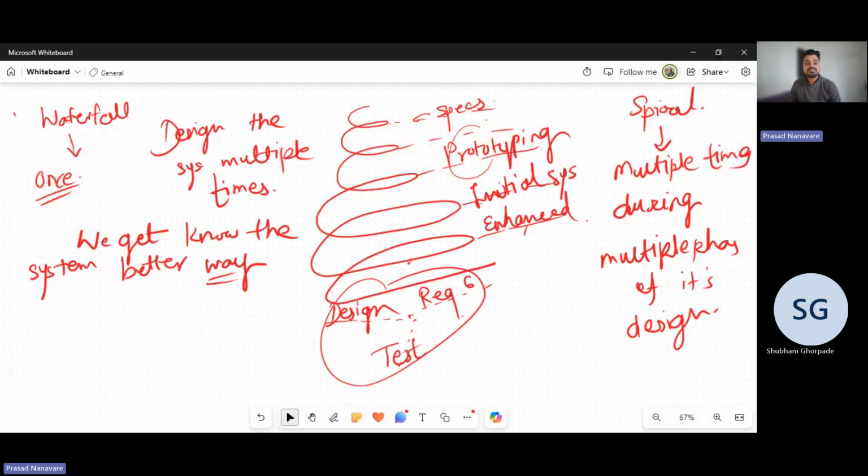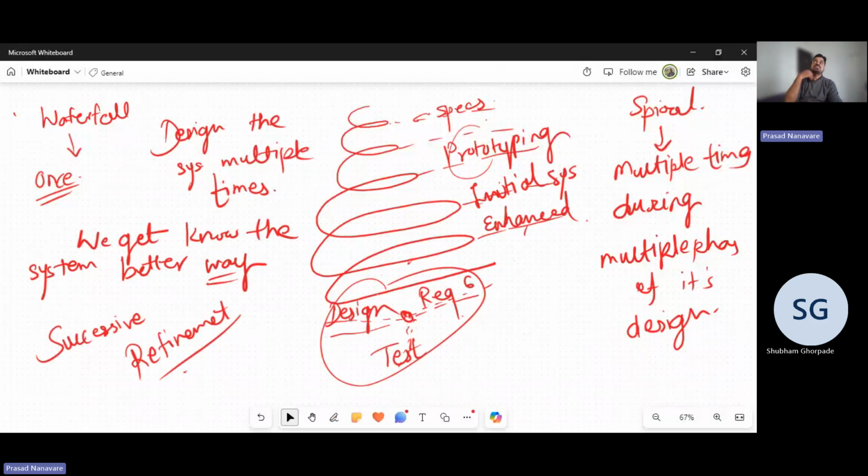We will come to it. It means we are refining our system in successive processes. In every phase, we are refining and enhancing our system. This is successive refinement.